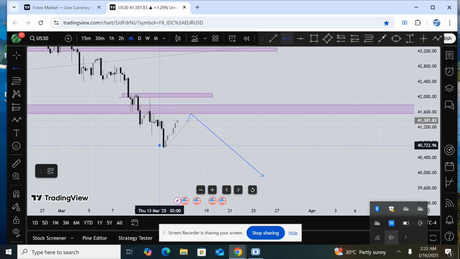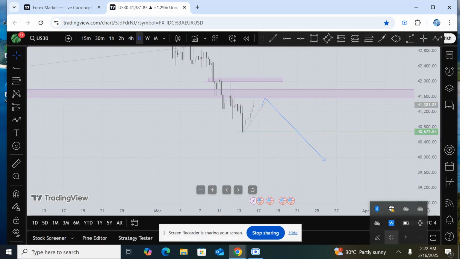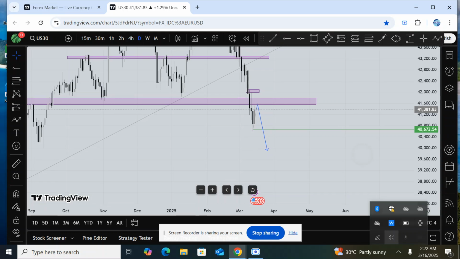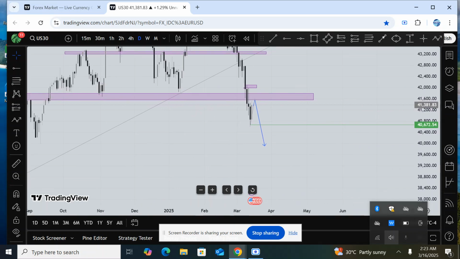Guys, I might just put a green line. This is going to be for our first level target. Then for the second level target, just to be more conservative, we're going to take 40,072.34.